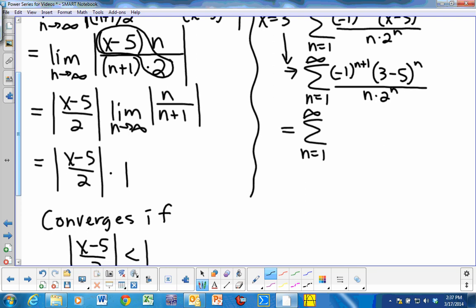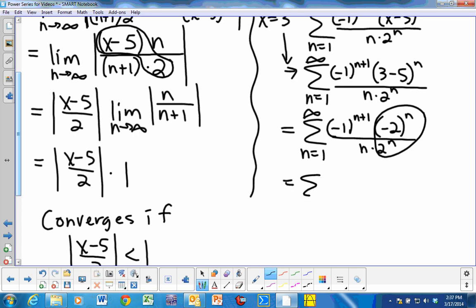So we're going to want to do a little rewriting. We have negative 1 to the n plus 1, and this is actually negative 2 to the n over n times 2 to the n. Now, negative 2 to the n is the same thing as negative 1 to the n times 2 to the n, because negative 2 means negative 1 times 2.